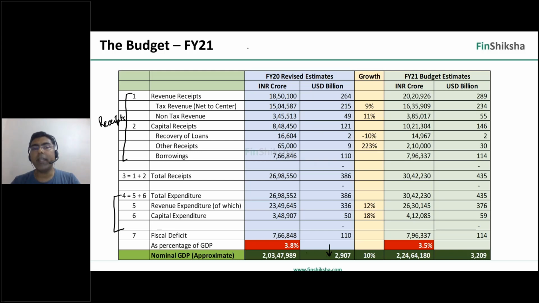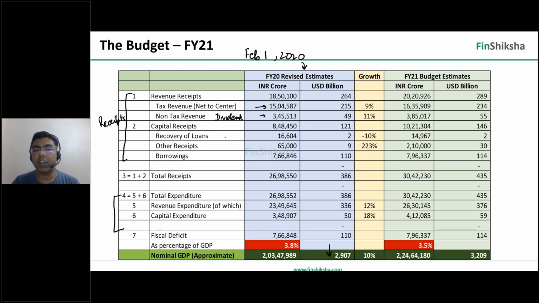So FY20 on Feb 1st, when we did the budget calculation, the estimates for financial year 2020 were revised. The total tax collection net to the center was expected to be 15 lakh crore. I'll explain the breakup of this in a minute. Non-tax revenue, which includes all your dividends, etc., was expected to be about 3 lakh crore, combining to 18.5 lakh crore.